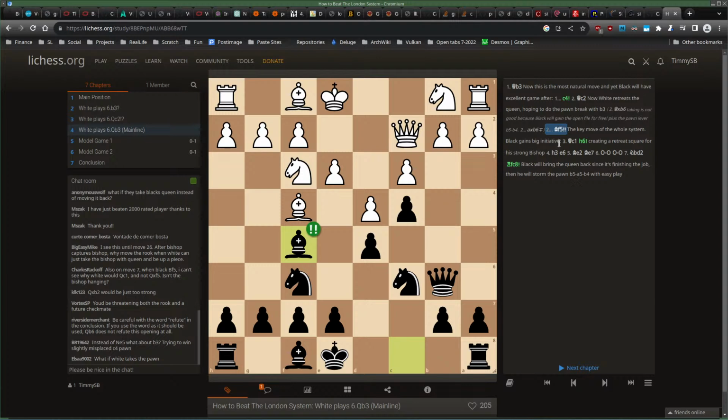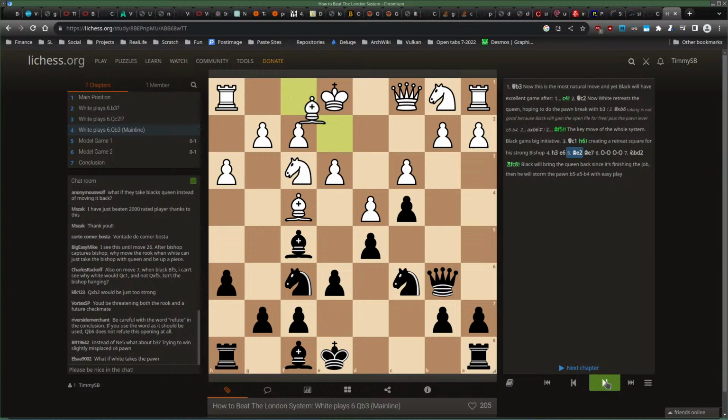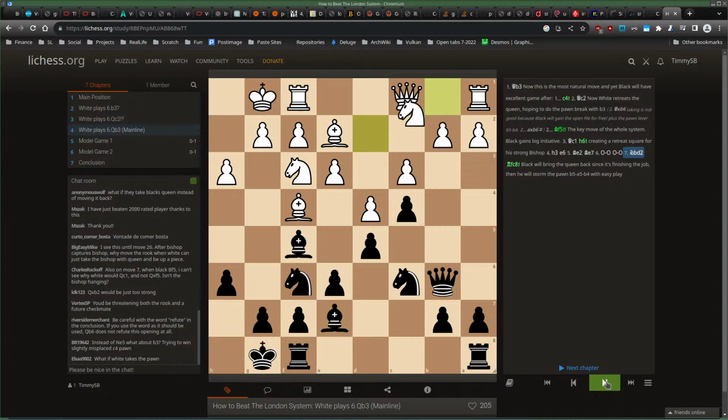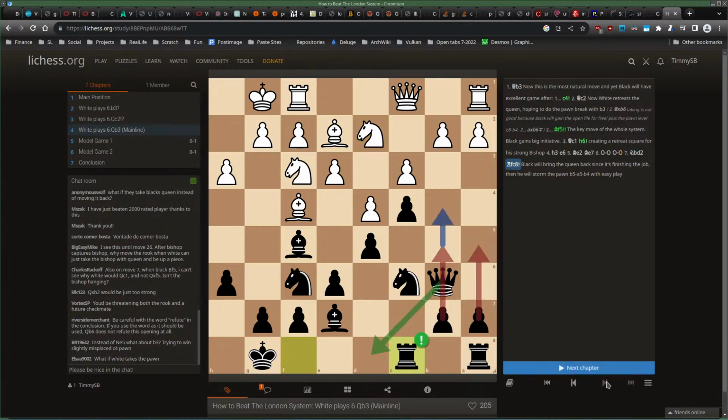Because queen goes to c1. Now we play h6, creating a retreat square for the strong bishop. h3, e6, bishop e2, bishop e7, castle, castle, knight b2. Now we play rook f to c8.